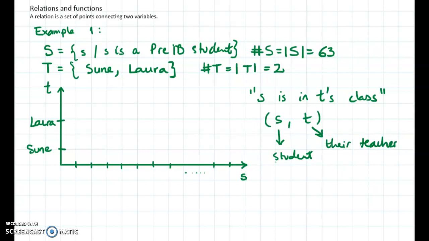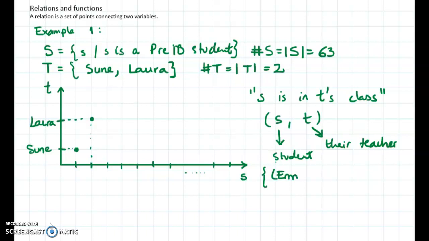So we are going to have many points for this relation. For each of the 63 points we have in the horizontal axis, we are going to have to decide if we have a point at the Sune level or we have a point at the Laura level, depending on who is the teacher.